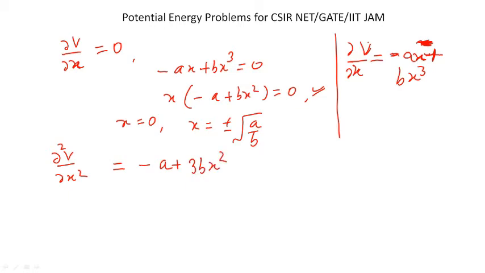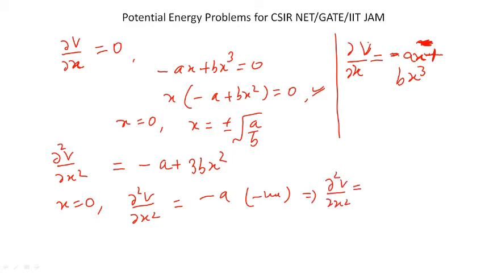So for x equal to 0, you see that del 2v over del x2 will be equal to minus a, because a is positive, so it will be a negative value. That means del 2v over del x2 is negative, so it will produce an unstable equilibrium point.